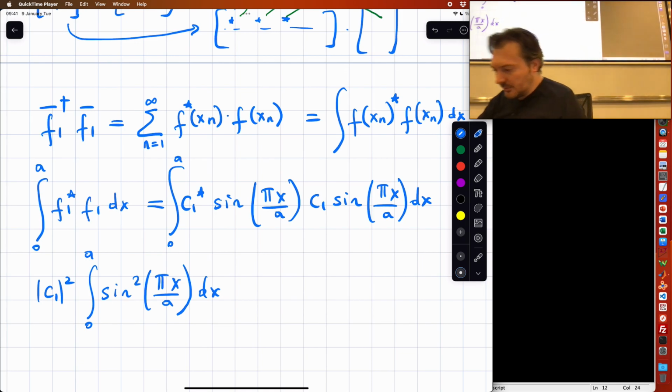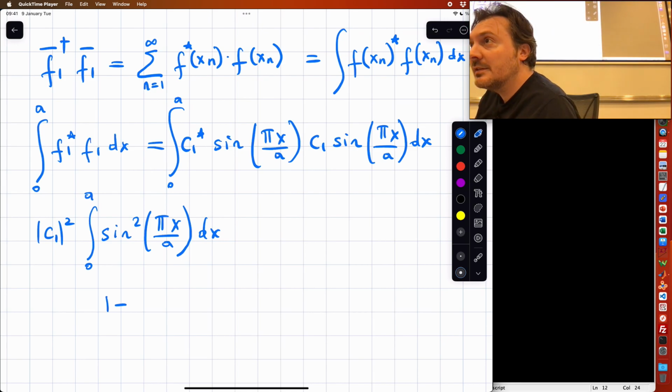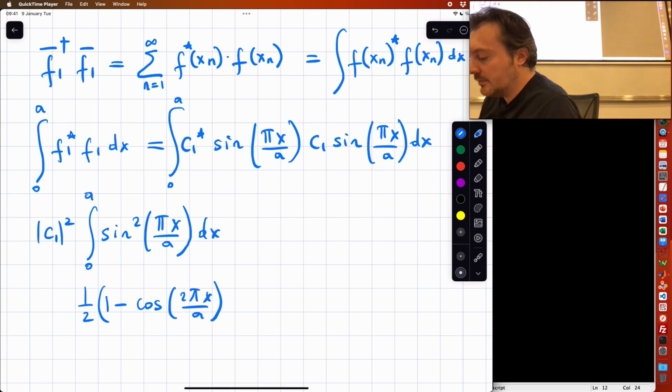Yes, 1 minus... The whole thing is 1/2, right? 1/2 cosine 2 pi x over a, integral from 0 to a.